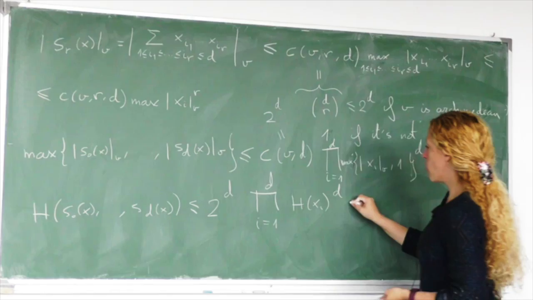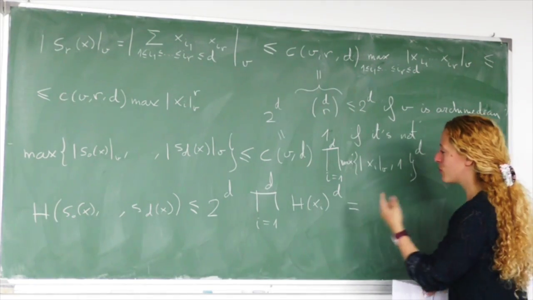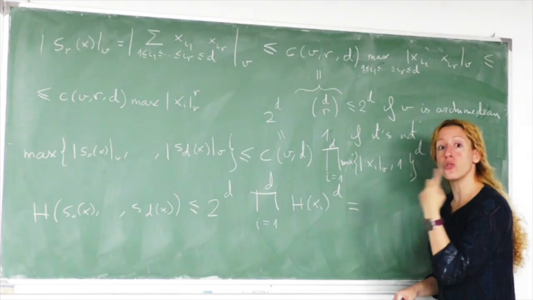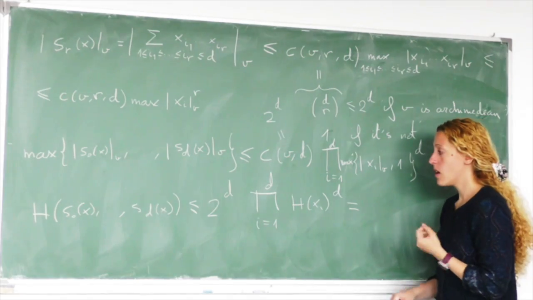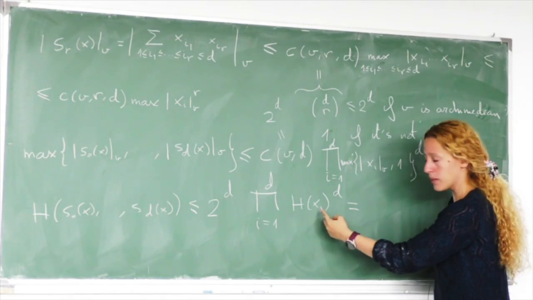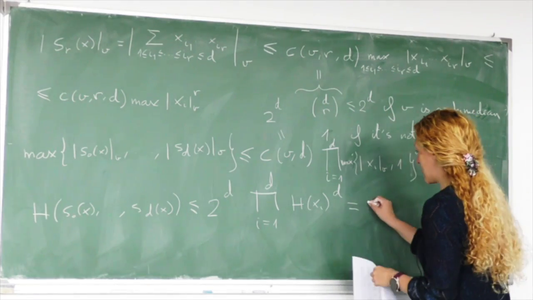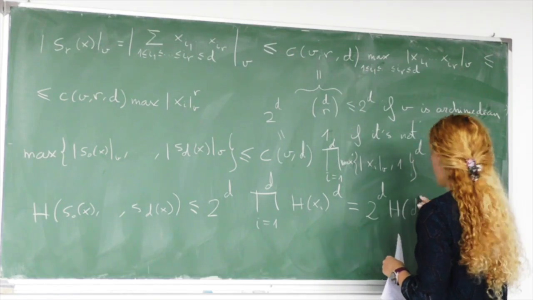Okay, but now recall the previous result that we proved. Who are the x_i? The x_i were the conjugate numbers of the x that we took at the beginning. But we just proved in the previous proposition that the height of conjugate numbers is equal. All of them are equal. So this number is actually equal to this thing, sorry, x.